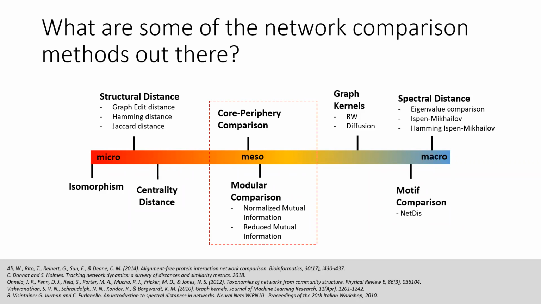And because of this problem of graph density, the Jaccard distance was introduced. This distance is exactly the same as the Hamming distance, but it just normalizes for the density of both graphs. Now, what I want to point out about micro distances, and specifically this Jaccard or structural distances, is that they are very local, so they only look at the direct neighborhood of each node.